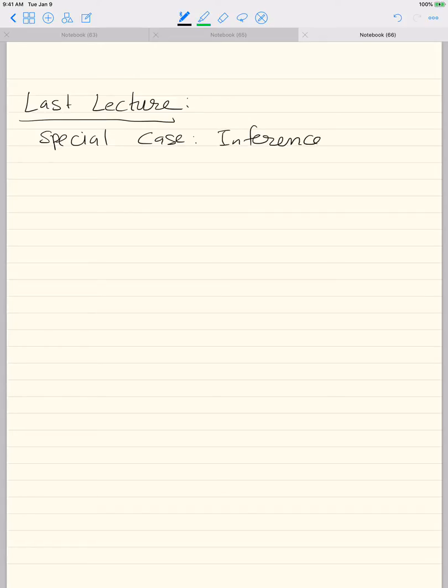So last lecture, we studied the special case of inference on a chain, when it's sort of a Markov chain, and we showed that the inference algorithm reduces to what was known as the forward backward algorithm.